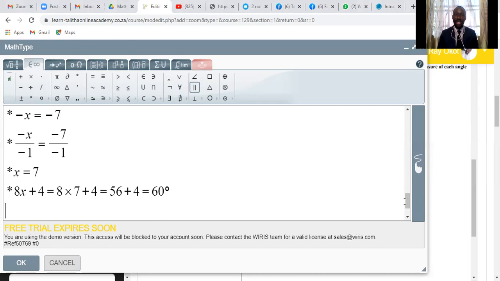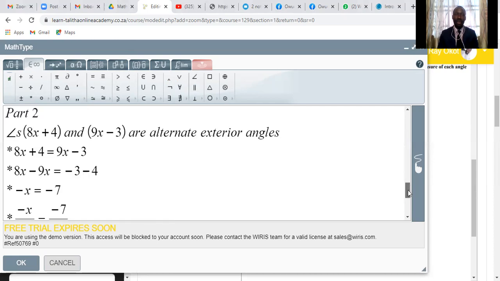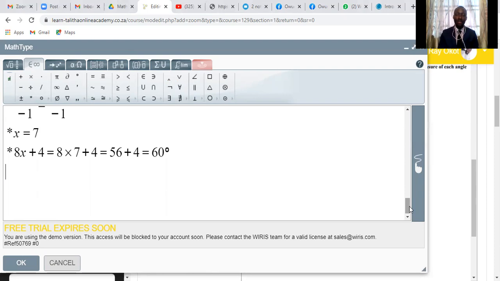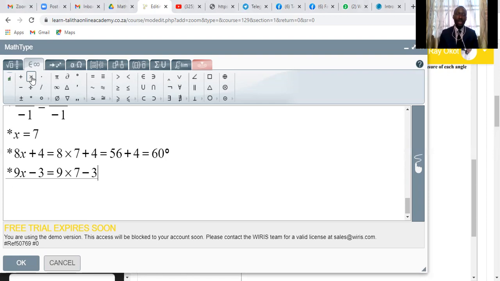Now, we could also check with the remaining quantity. Let's check just to confirm if we will also get 60 degrees from 9x minus 3. So 9x minus 3 will be 9 times x, that is times 7, minus 3. What do we get when we multiply 9 by 7? Well, 9 by 7 will give us 63.